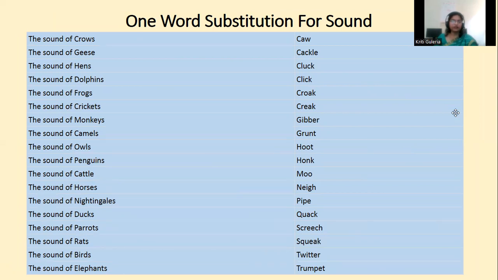And the last category being of sound, like the sound of crow's caw, the sound of geese cackle, sound of hens cluck, sound made by dolphins click, by frogs croak, by crickets creak, by monkeys gibber, by camels grunt, by owls hoot, penguins honk, cattle moo, horses neigh, nightingales pipe, ducks quack, parrots screech, rats squeak, birds twitter, and elephants trumpet.